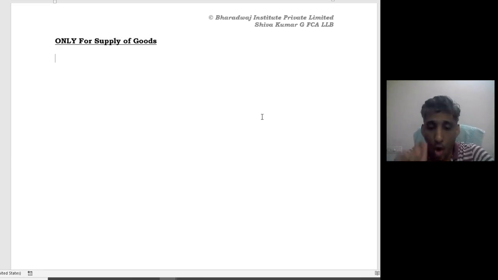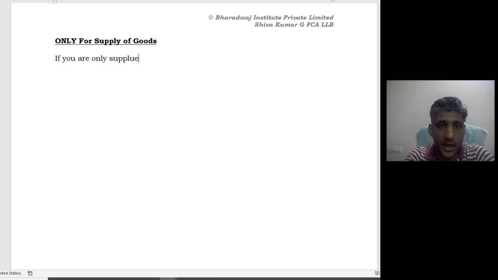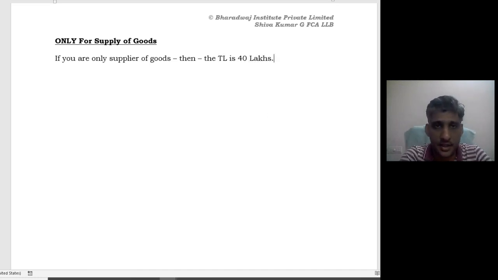If you are only a supplier of goods, then the threshold limit is 40 lakhs. Instead of normal 20, the threshold limit becomes 40 if you are only a supplier of goods.